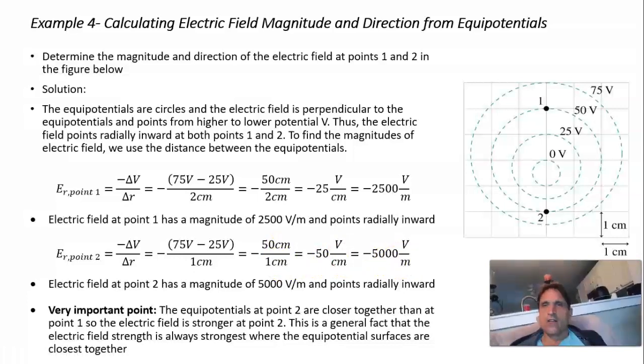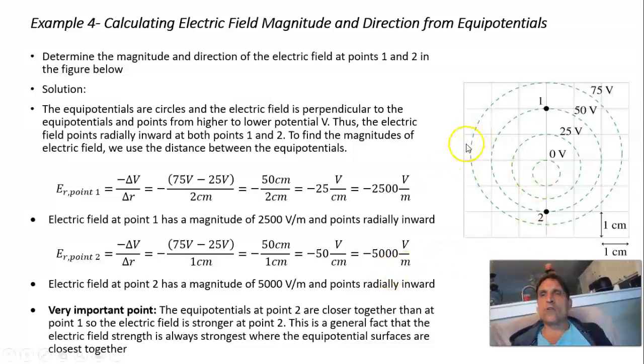So this is how, if you know the equipotentials, in other words the surfaces of constant voltage, the electric field is perpendicular to the equipotentials. Remember, it always points downhill from high potential to low, so it's pointing inward in this case. And its magnitude is equal to delta V over delta r.